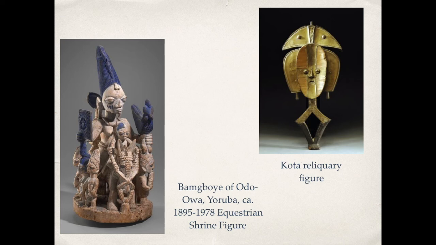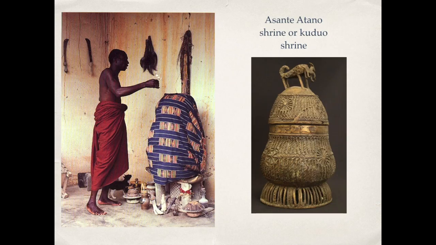So this is sort of a guardian figure protecting it. But also it becomes a place where you can connect with and identify an ancestor and be able to have an ongoing relationship with them through the intermediary of these shrines.